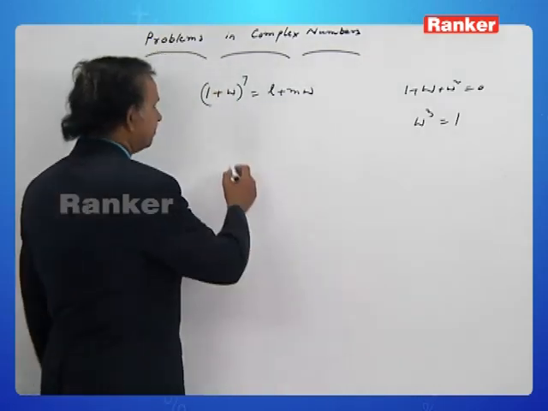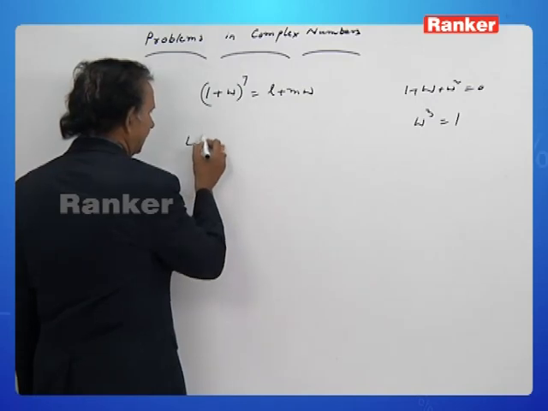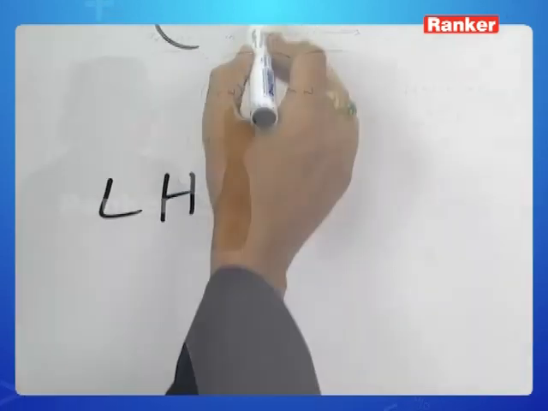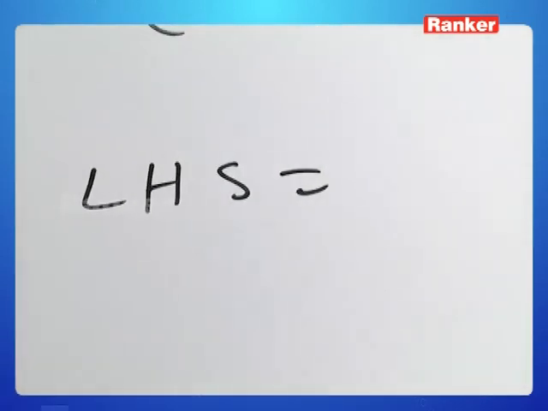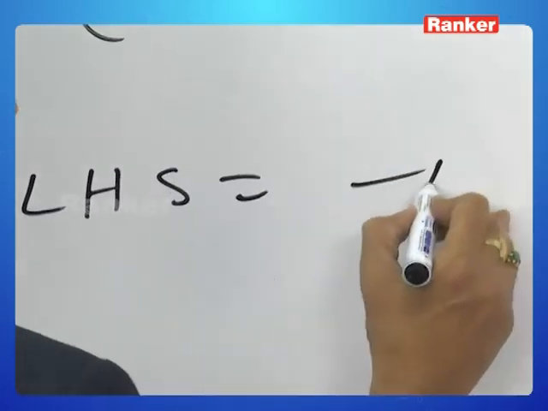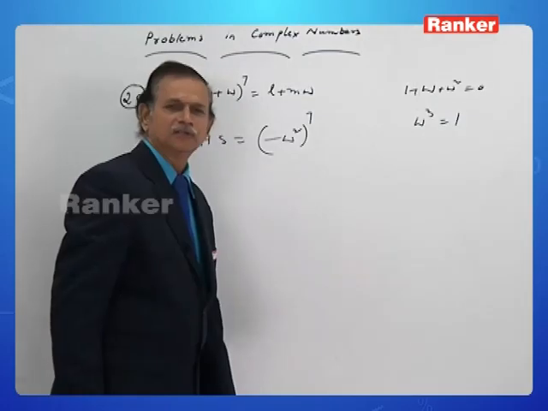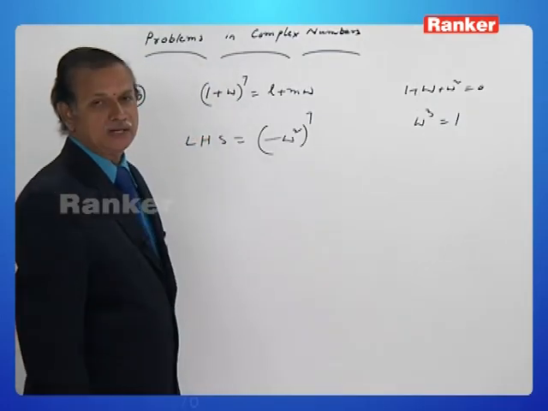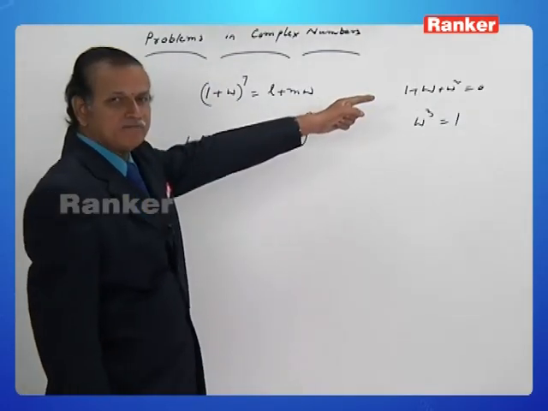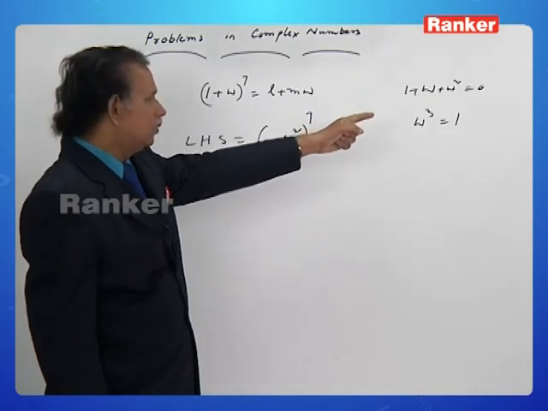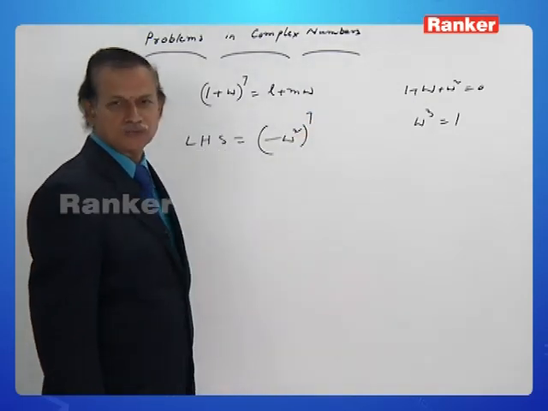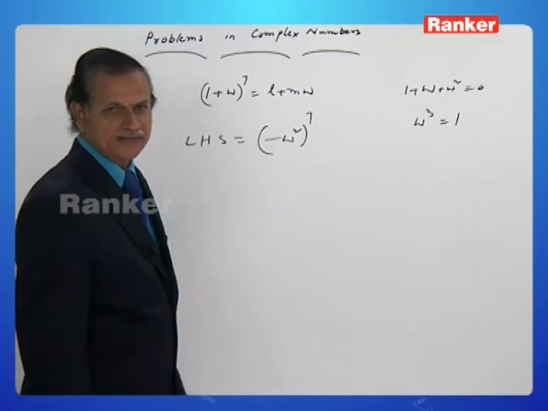Look here, LHS is equal to, in the place of 1 plus omega, can I write minus omega square or not? Of course, minus omega square. Because 1 plus omega plus omega square is 0, we will be able to have 1 plus omega is no doubt minus omega square.